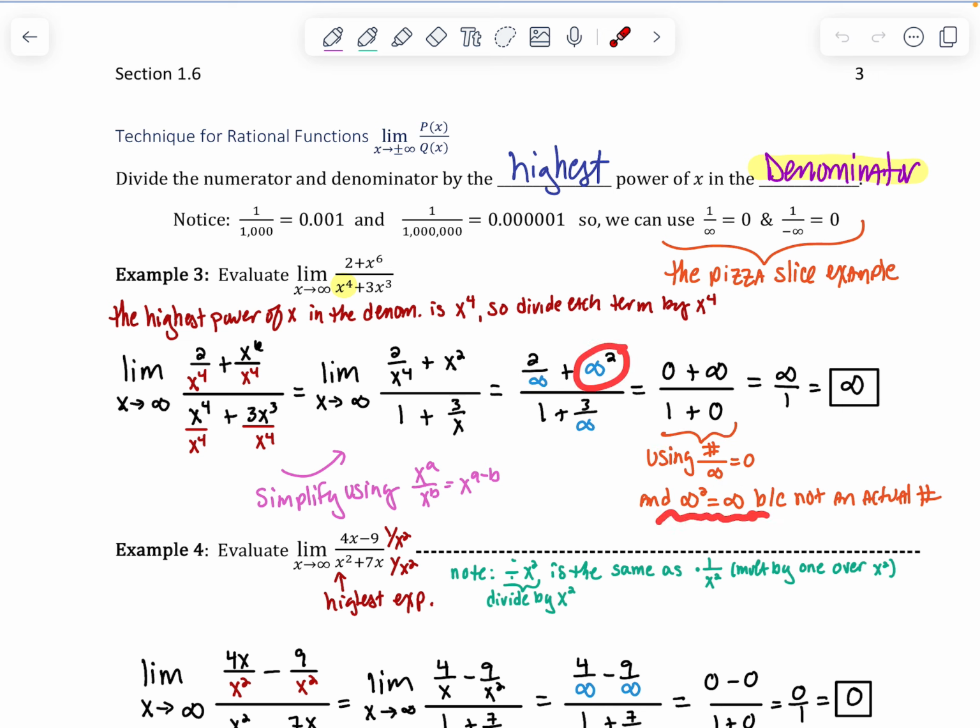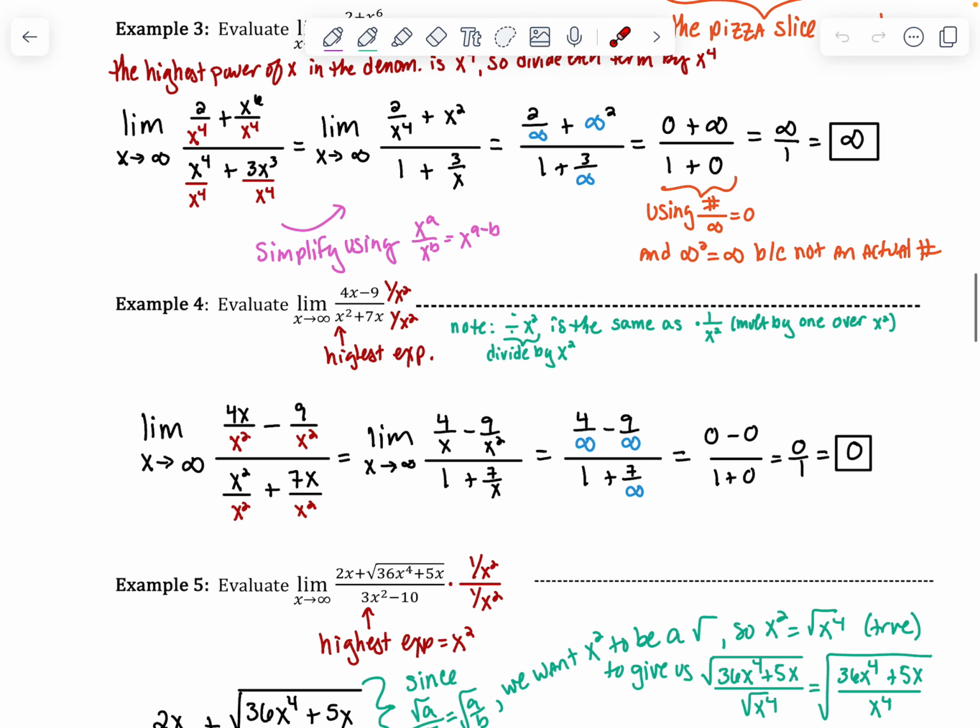But for infinity squared, we're just going to write infinity because that's not an actual number. We had a 1 here, so that didn't change. But again, I'm back to having a number divided by infinity, even though it's a 3, so I get to write a 0. Now I will go ahead and simplify to get infinity in my numerator, 1 in my denominator, and infinity divided by 1 is infinity, the answer to this question.